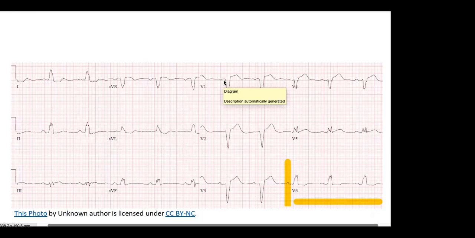Think about the scaling and think about the timing. Concentrate on V5 and V6. Does anybody notice any difference, or rather anything that strikes your eyes when you look at the V5 and the V6?